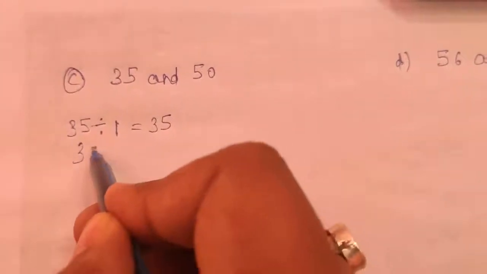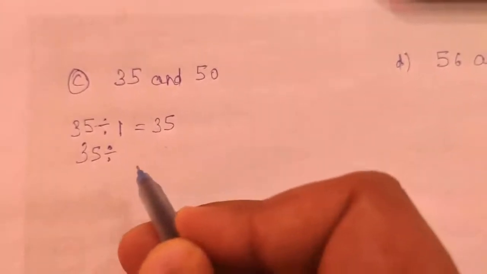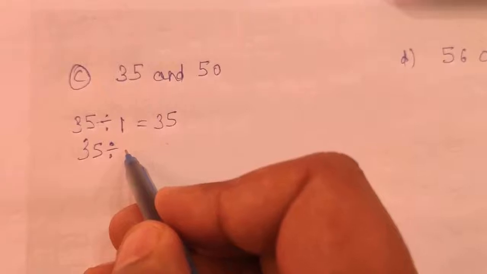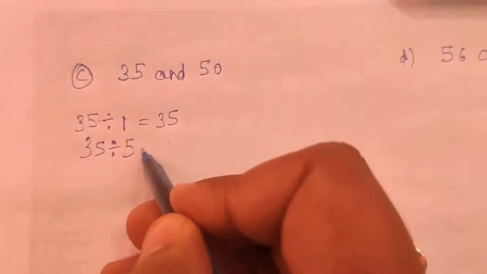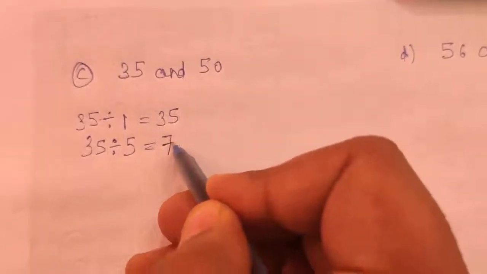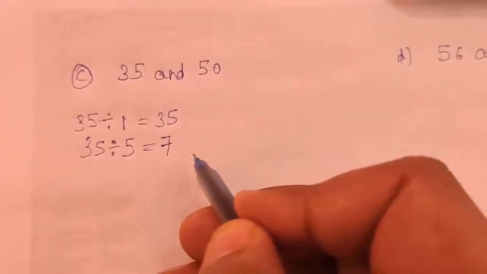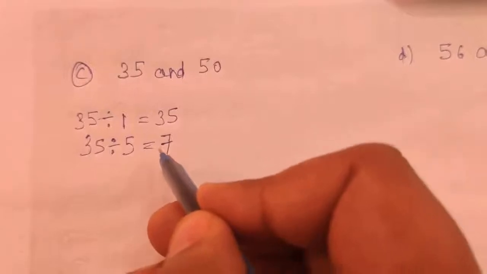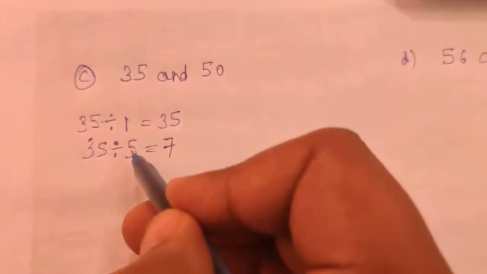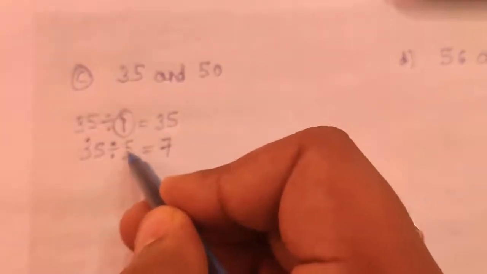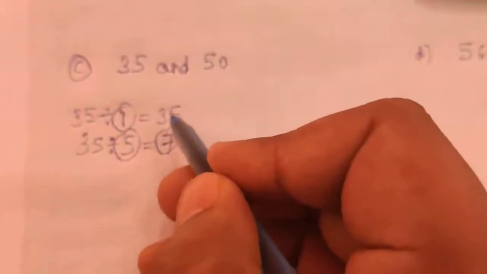Then 35 divided by 2, it is not possible. Divide by 3, no, it is not divisible by 3. Divided by 4, it is not divisible by 4. Now divided by 5. So it is 7. Between 5 and 7 there is 6, but 6 is not divisible. So factors are 1, 5, 7 and 35.